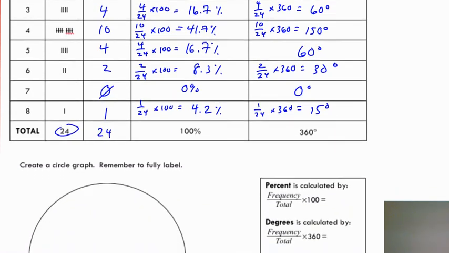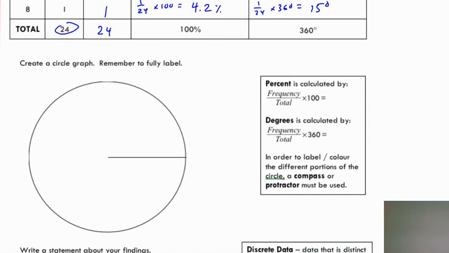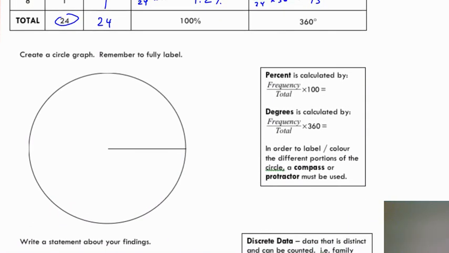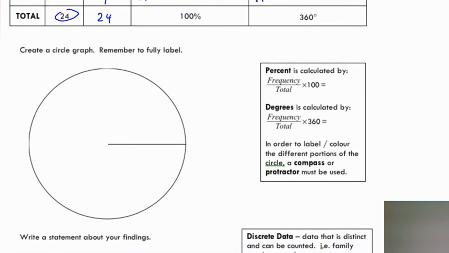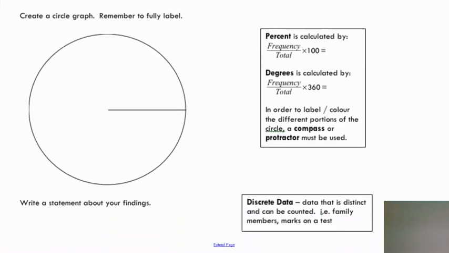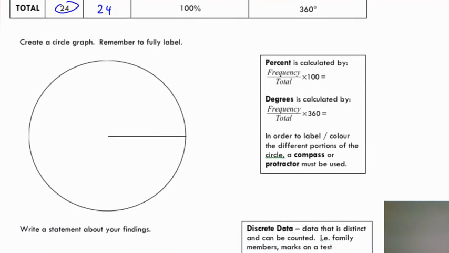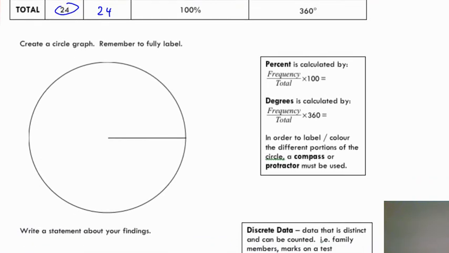How are we going to turn this into our pie chart? Now a protractor would be good to use. I don't have one, so I'm just going to make basically an estimate. Okay, so the way you calculate your percent, we talked about up there: frequency divided by total times 100.